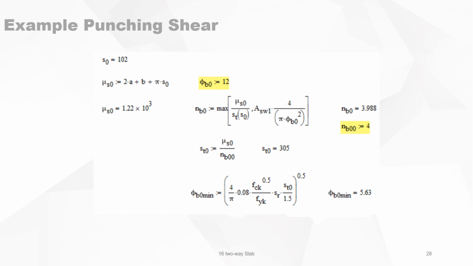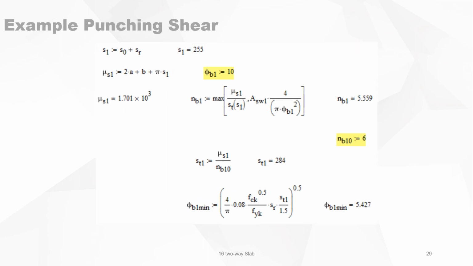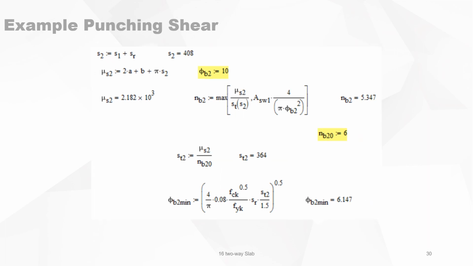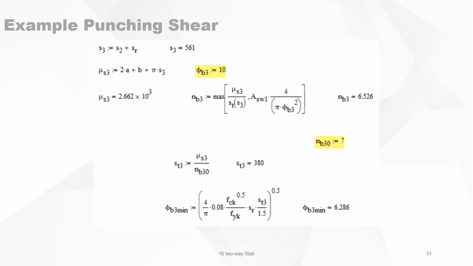And you see that now we need 4 diameter 12 as punching shear reinforcement. For the second perimeter of reinforcement, we need 6 diameter 10, and for the third, also 6 diameter 10, and the fourth, 7 diameter 10 reinforcement.